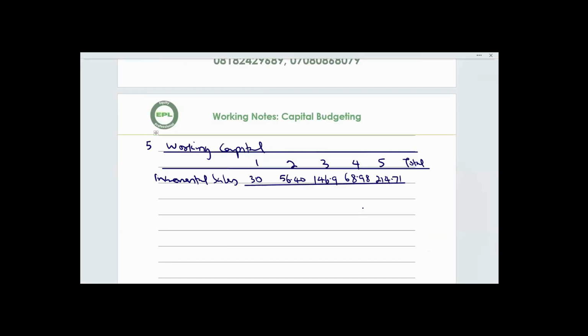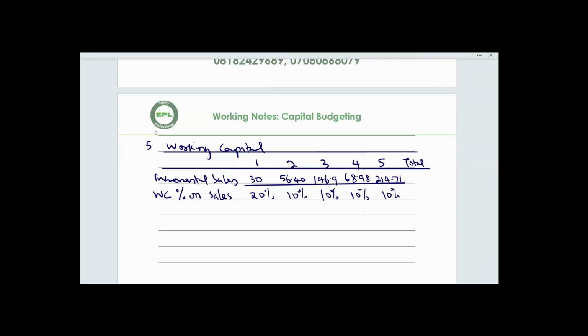To get my working capital, the examiner told us that for the first year sales, we should account for 20% working capital. Then for every ₦1 increase in sales revenue, we should account for 10%. So sales revenue has increased by 56.4, 146.9, 68.98, and then 214.71.